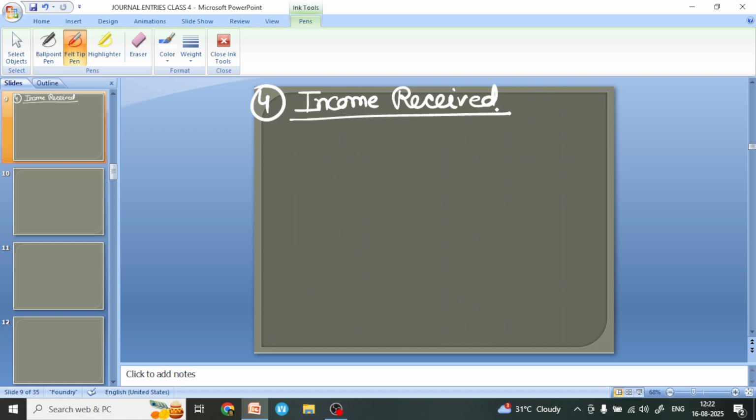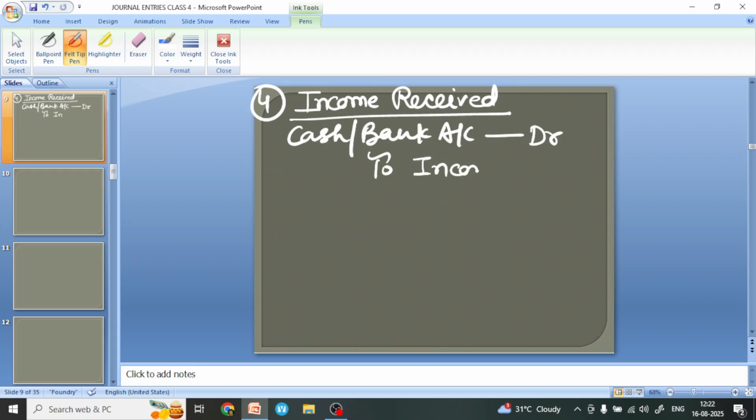The cash account will be increased with the amount received as income, so it will be debited and income account will be credited. Entry will be cash or bank account debit to income account.